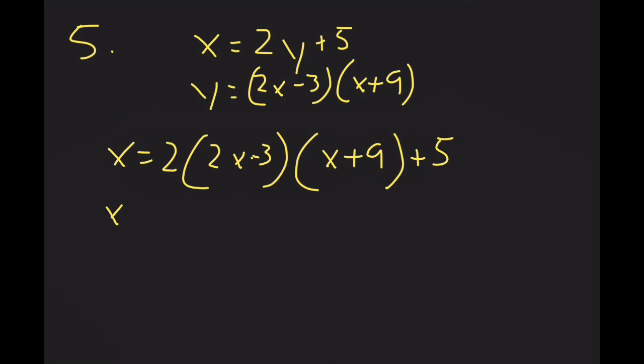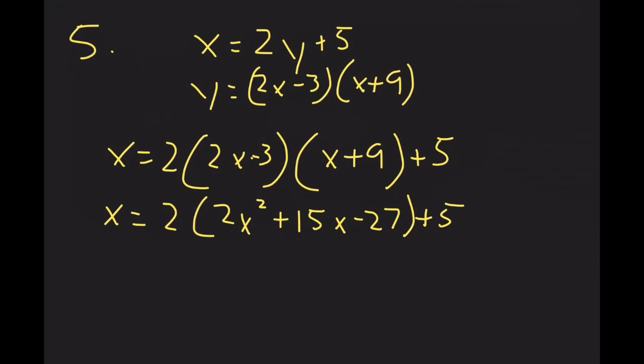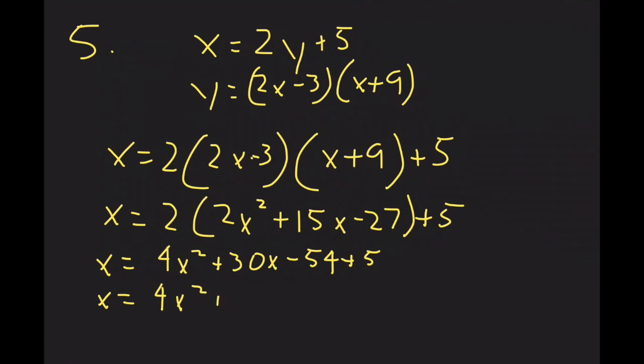When you multiply 2x minus 3 times x plus 9 together, you get 2x squared plus 15x minus 27. Then when you distribute 2, you get 4x squared plus 30x minus 54. And then when you combine negative 54 and 5, you get negative 49.